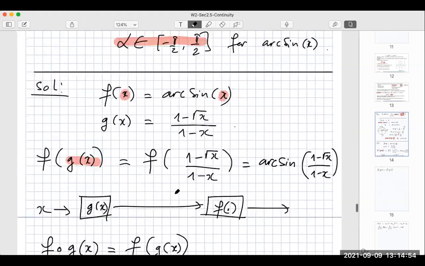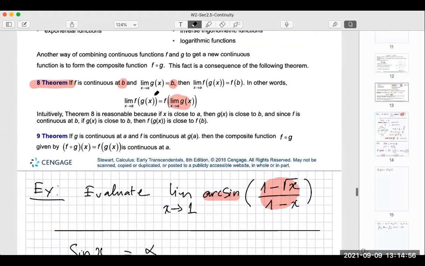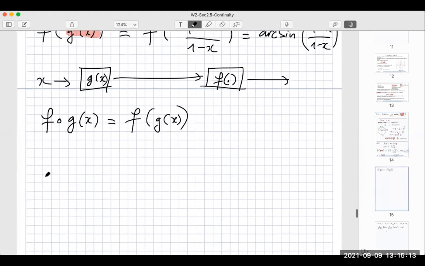Very good. Go back to the theorem here. So first, it means that before we take the limit of the whole composite function, let us take the limit of the first function, the inside function g of x, right? And in this case, it means that consider the limit when x approaches 1 of which?